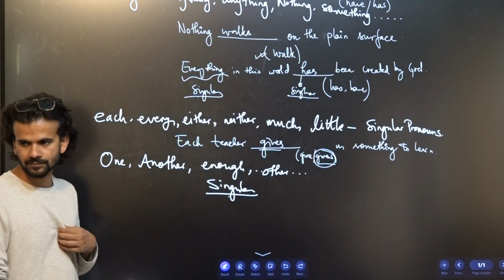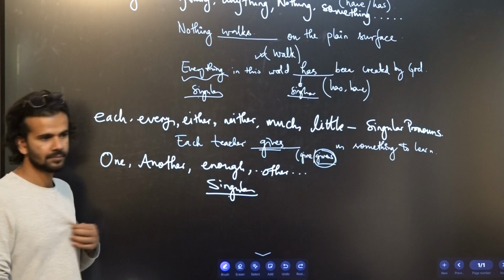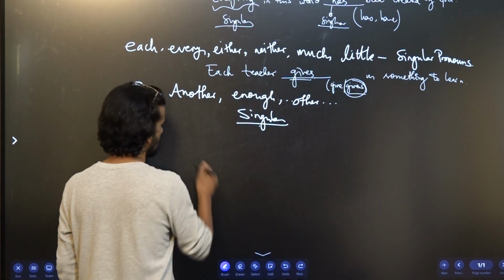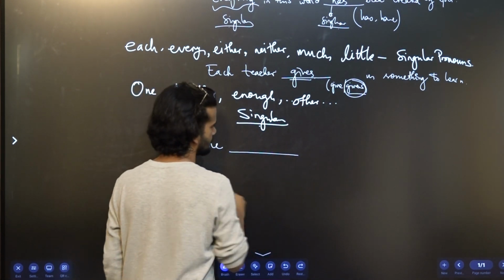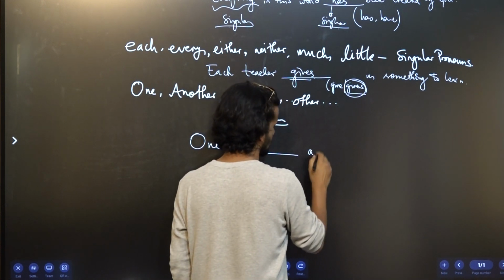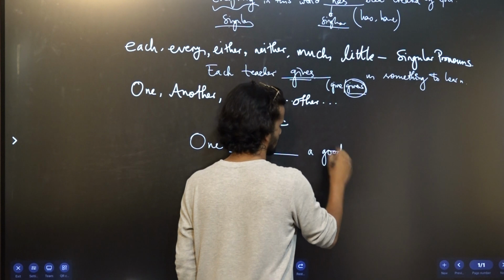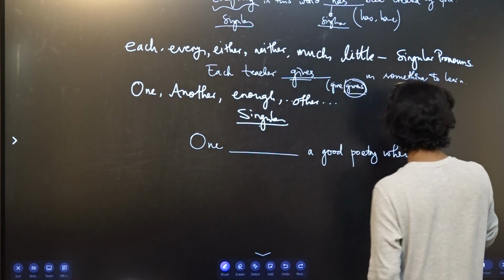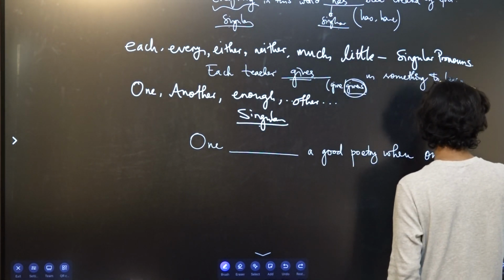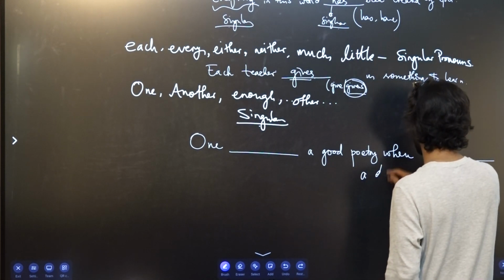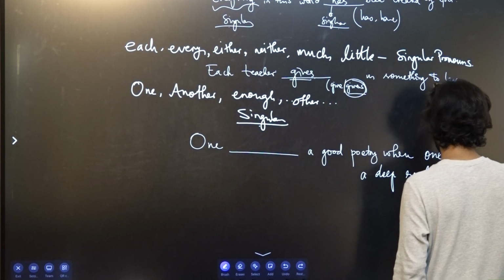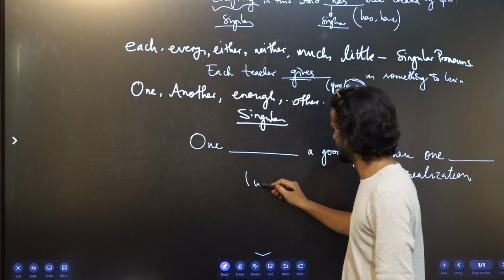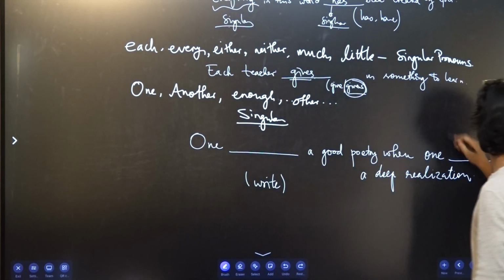Let's take one sentence with one. Let's take the verb write, and the verb have.